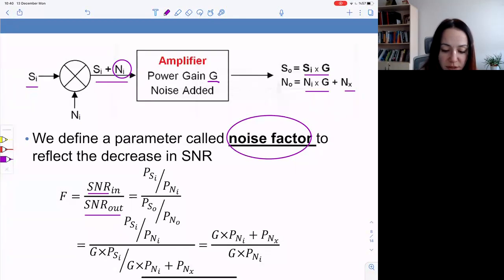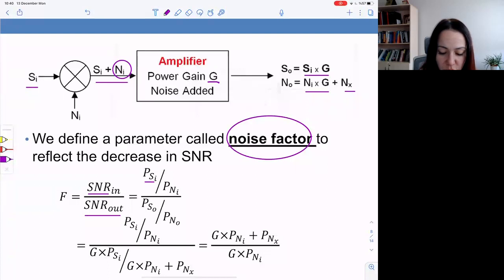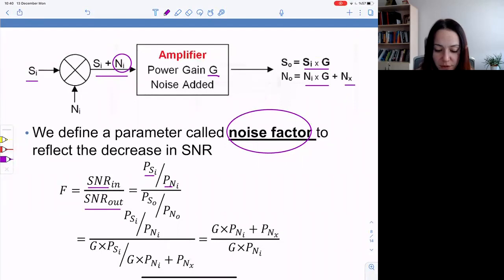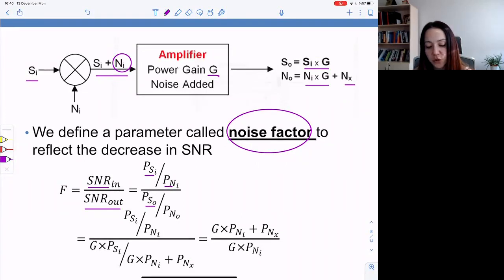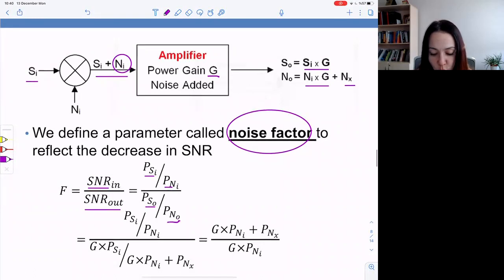The input SNR is the SNR at the input of the amplifier, the ratio of Psi, the power of the signal term, to the power of the noise term. And output SNR is the ratio of the output signal power to the output total noise power.